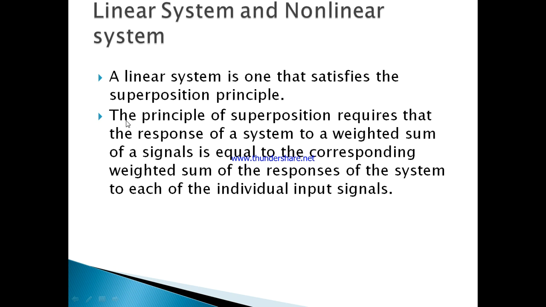The principle of superposition requires that the response of a system to a weighted sum of signals is equal to the corresponding weighted sum of the responses of the system to each of the individual input signals. So that is the superposition principle.